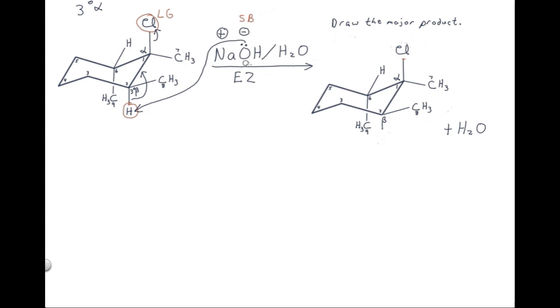This arrow tells us to draw a bond between this oxygen and the hydrogen. So now I've shown the oxygen bonded to a second hydrogen. The oxygen started negative and lost electrons, so it becomes neutral. This arrow tells us to break the bond between carbon 2 and this hydrogen, and to form a pi bond between carbon 1 and carbon 2. Here's that new pi bond. This arrow tells us to break the bond between carbon 1 and the chlorine.